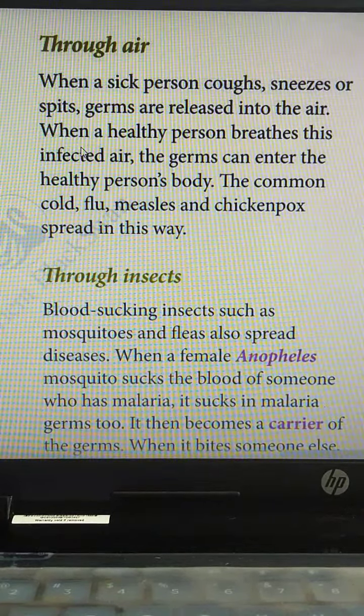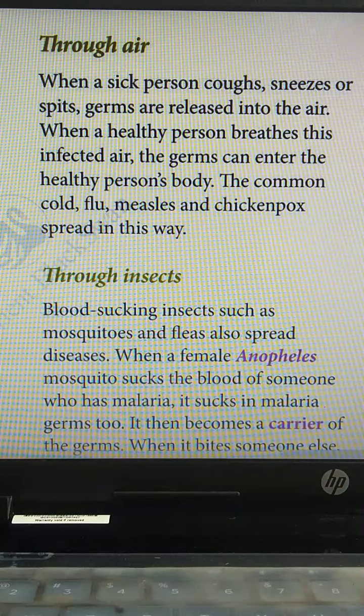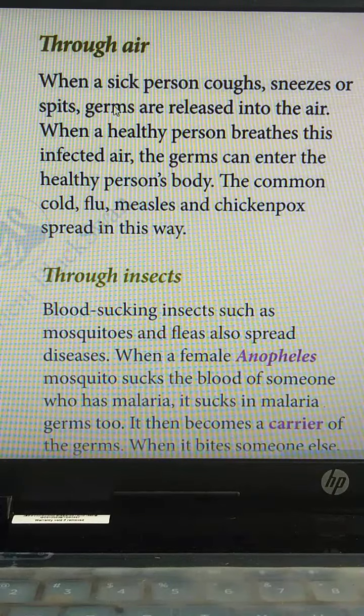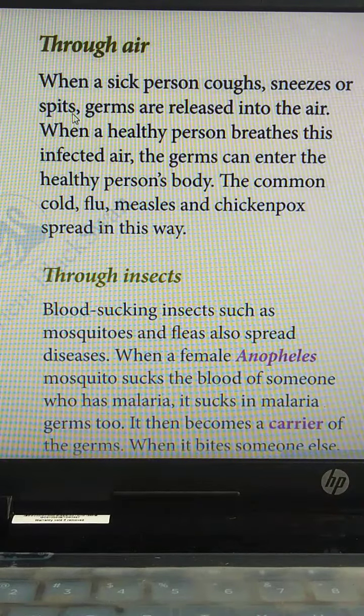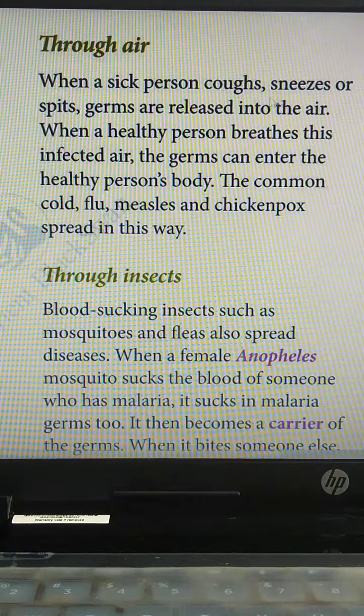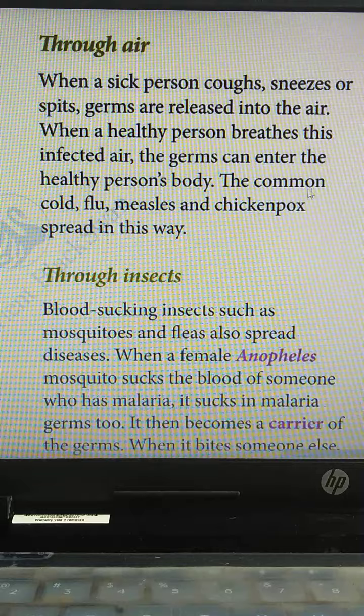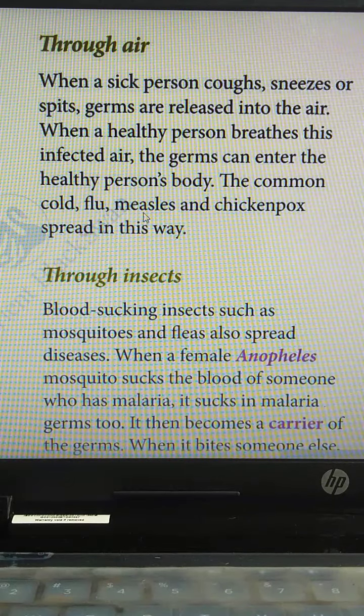When a sick person coughs, sneezes, or spits, suppose someone is suffering from a heavy cold, cough and cold, that person used to sneeze or spit, so the germs are released into the air. So when those germs enter the air and a healthy person breathes this infected air, the germs can enter the healthy person's body. The common cold, flu, measles, and chickenpox spread in this way.